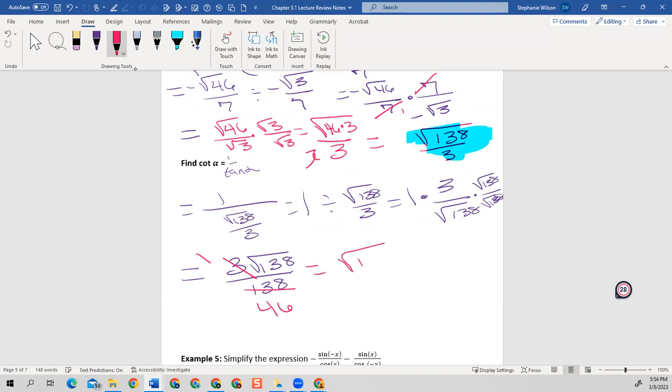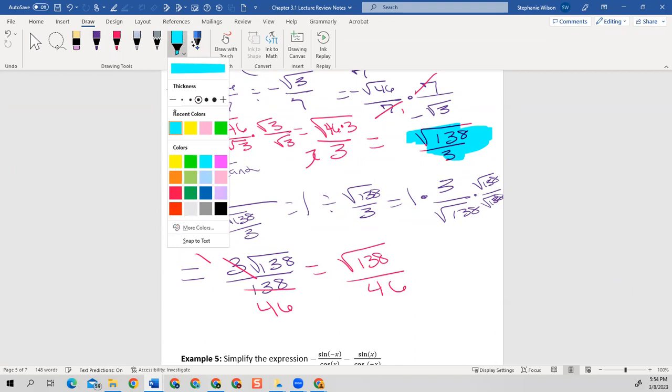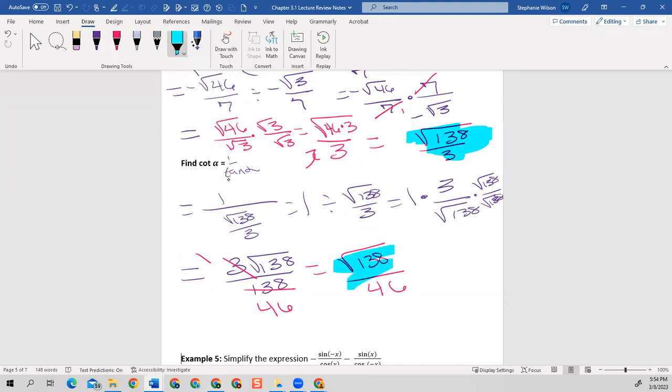So now I got square root 138 over 46, and that is my final answer for cotangent. Yay. Okay. Now I'm going to try to keep my labs open just in case we come across another one.